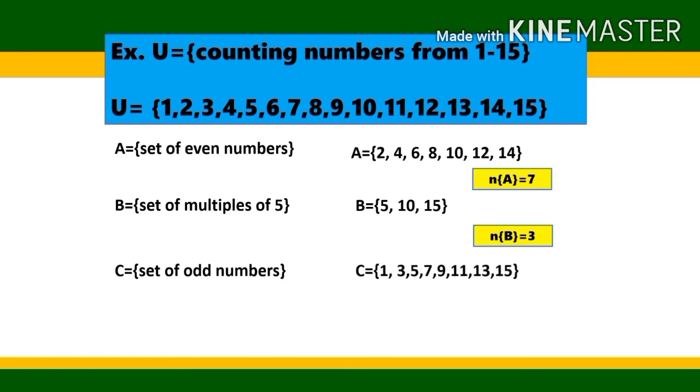We have 1, 3, 5, 7, 9, 11, 13, and 15. And we have 1, 2, 3, 4, 5, 6, 7, 8 elements. Therefore, the cardinality of set C is 8.